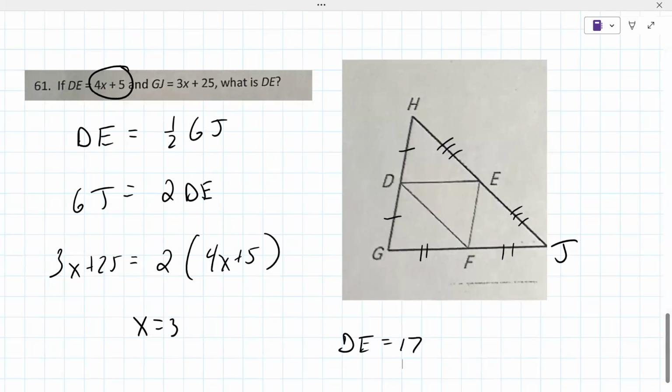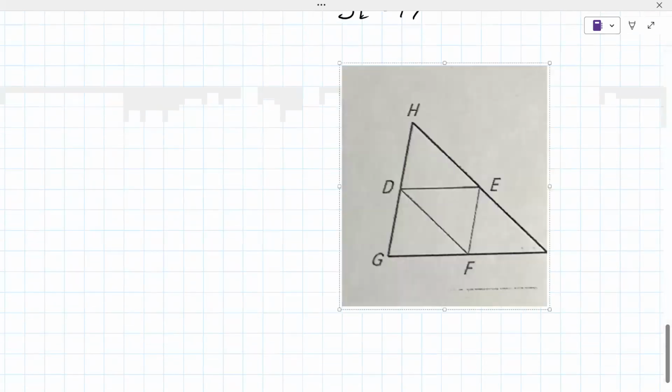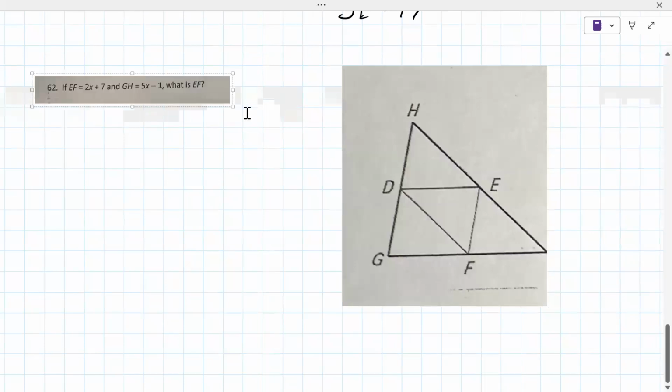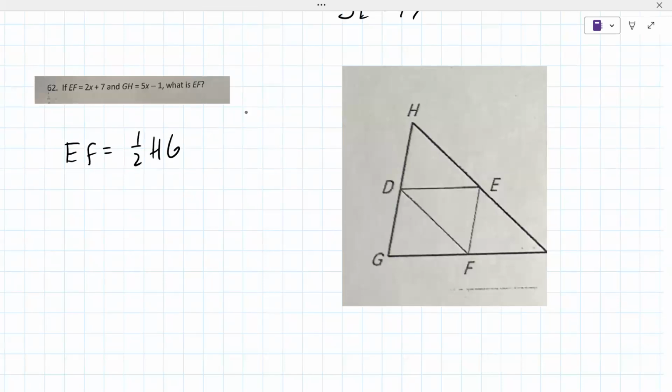Okay. So let me grab this figure again. Talk about the next question. Is it like the same thing? Just the same thing. They're talking about EF and HG. So it's either that EF equals 1/2 of HG, or HG is equal to 2 times EF.